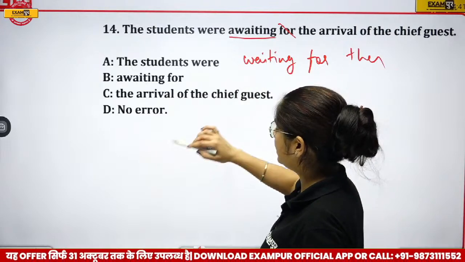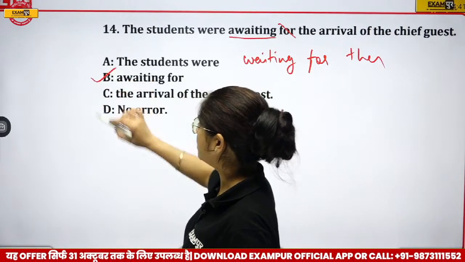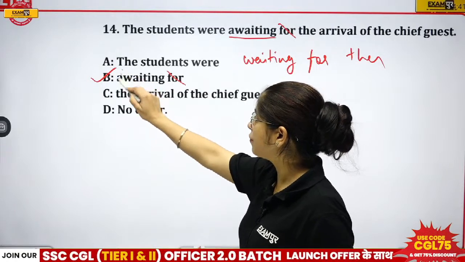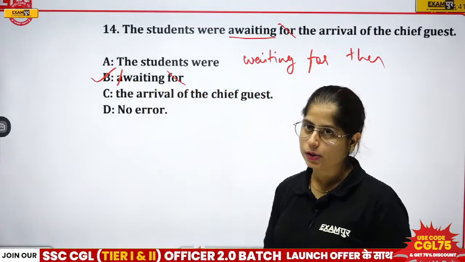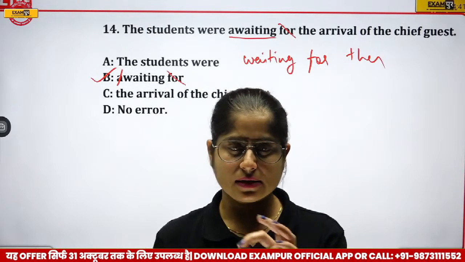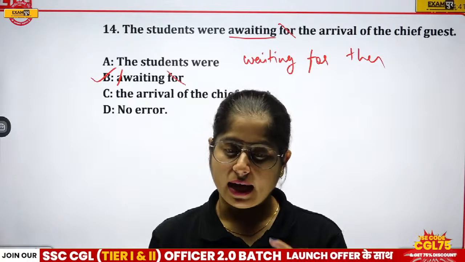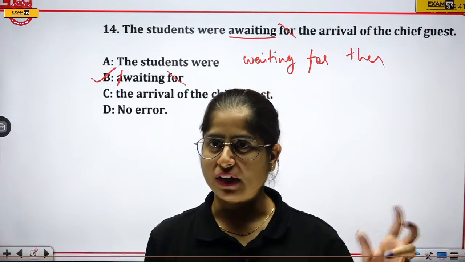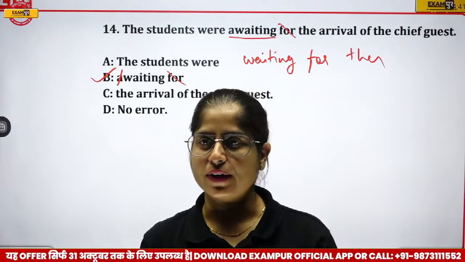So either way, the incorrect part is this. Either you say awaiting, remove for, or you remove a and say waiting for. Awaiting doesn't require any preposition, and if you have to use a preposition, remove a from awaiting. It will be waiting for, not awaiting for.